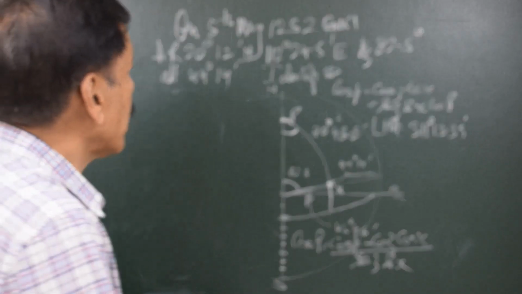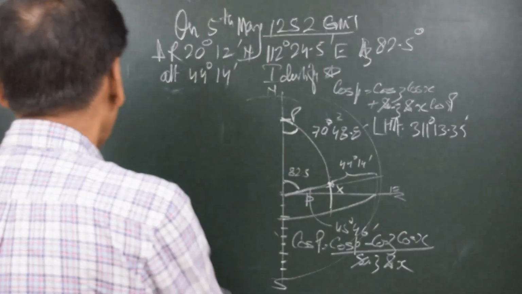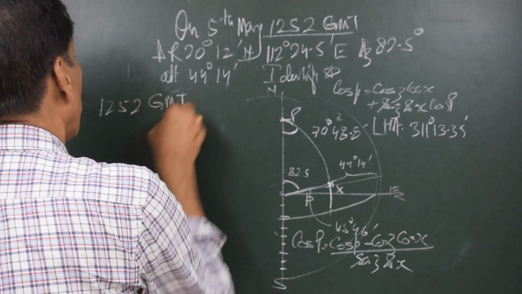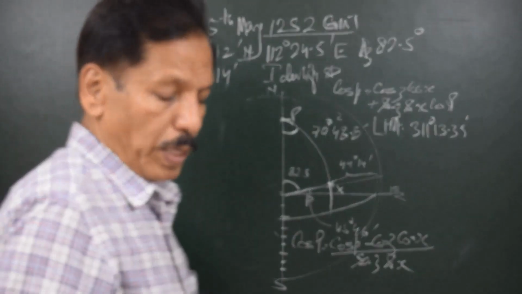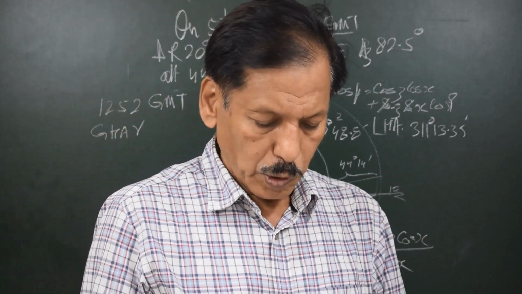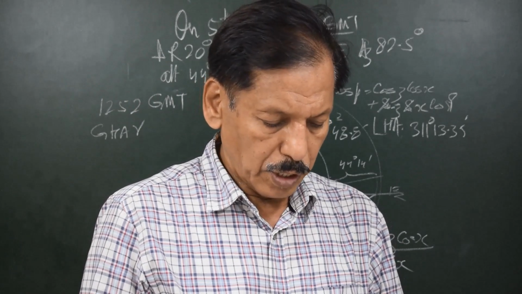So the question says that the observation was made at 12:52 GMT. So at 12:52 GMT, we must find out what is the GHA Aries. So from the almanac, let's look at the GHA Aries for 12:52 GMT.